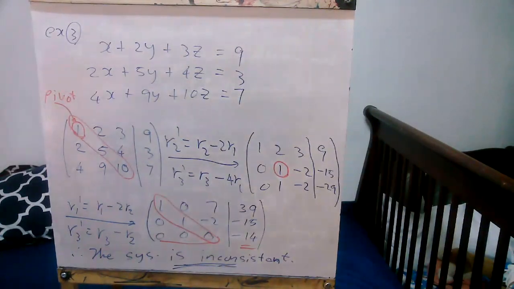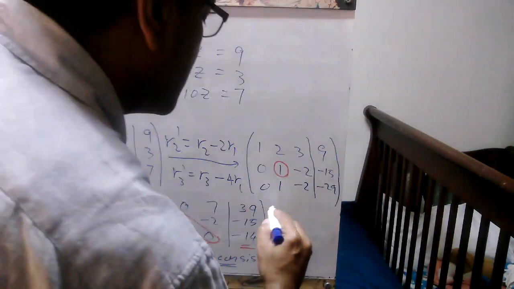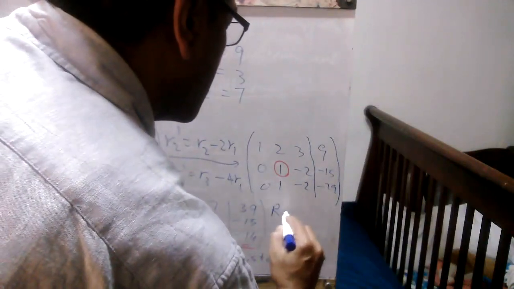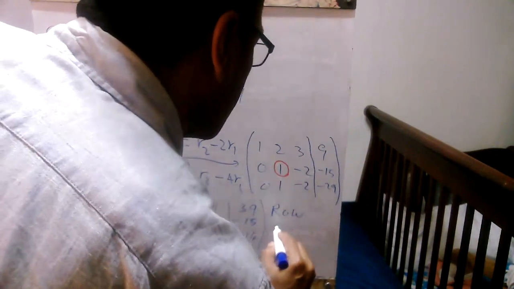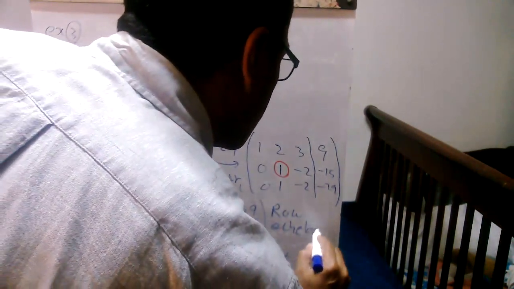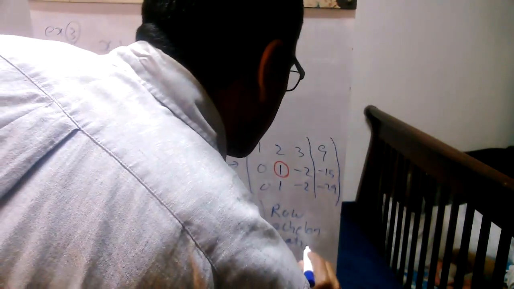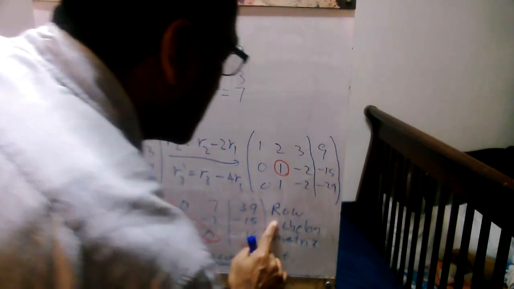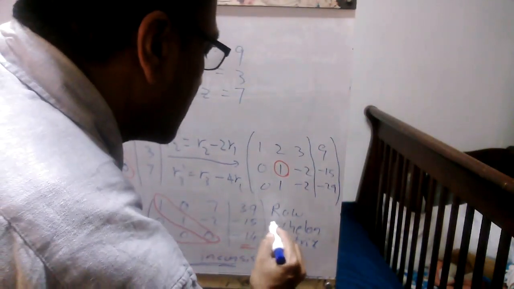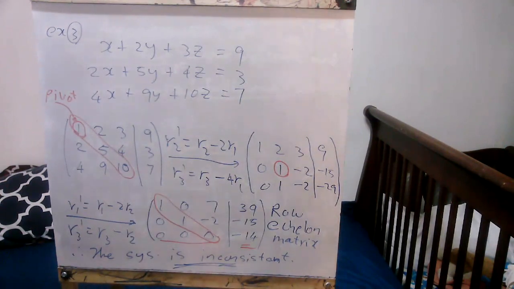You do not need those names, but I'm writing it. It's called a row echelon matrix.